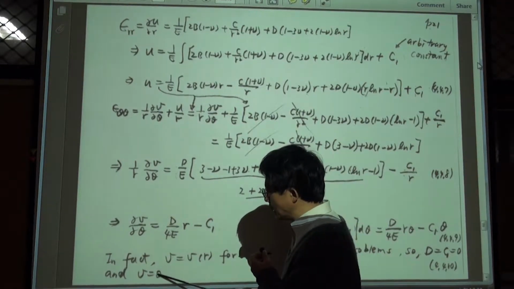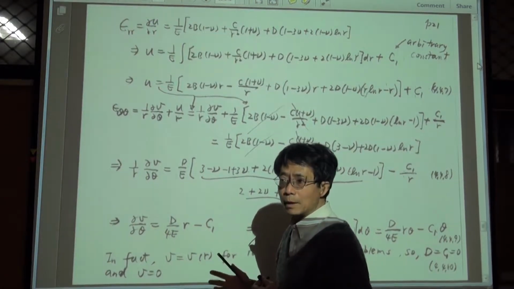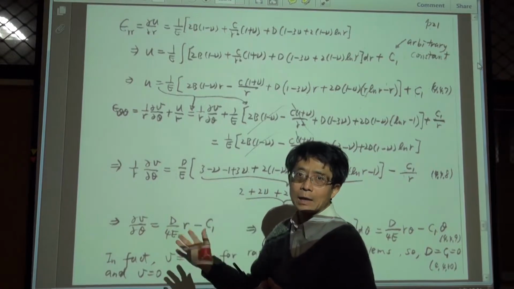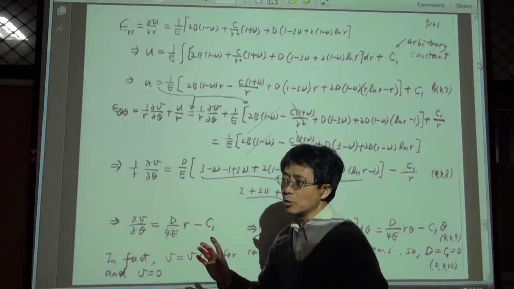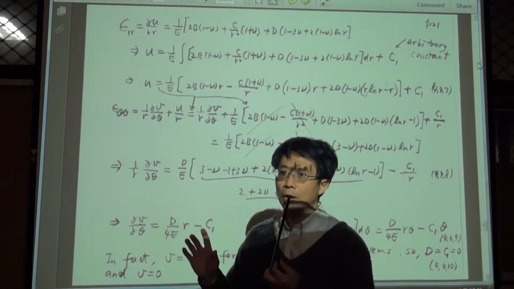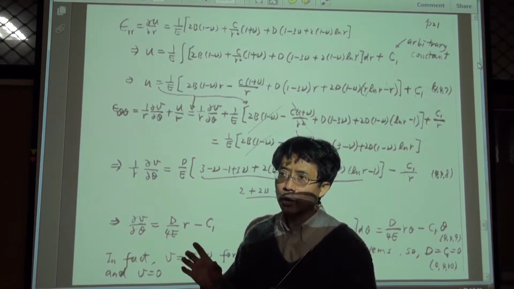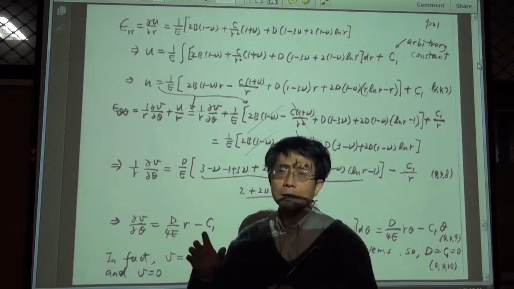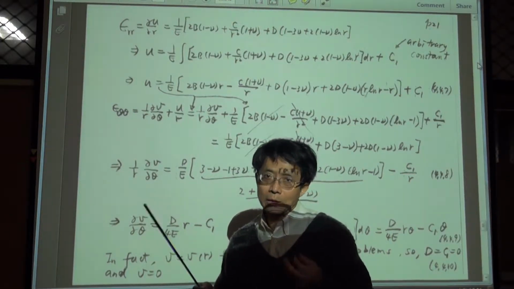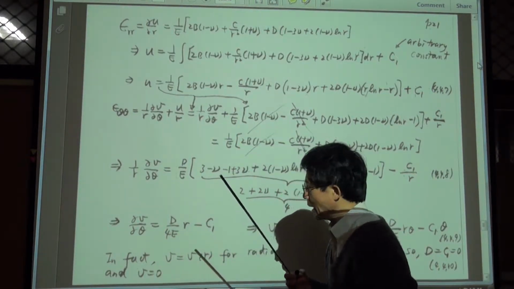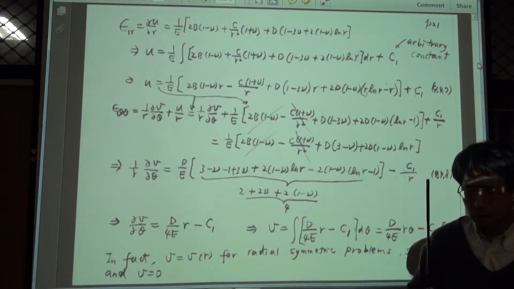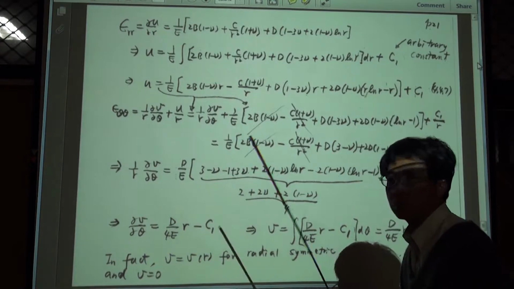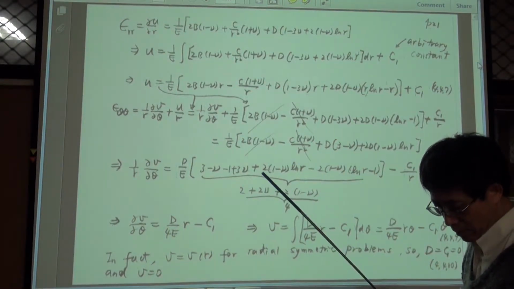If v equal to C2, a constant, what does it mean? It means that in the theta direction we have a rigid body rotation. Even though you rotate the circular ring with a rigid body rotation, it doesn't change the deformation. This is a trivial result. So you can put v equal to C2 instead of v equals 0.